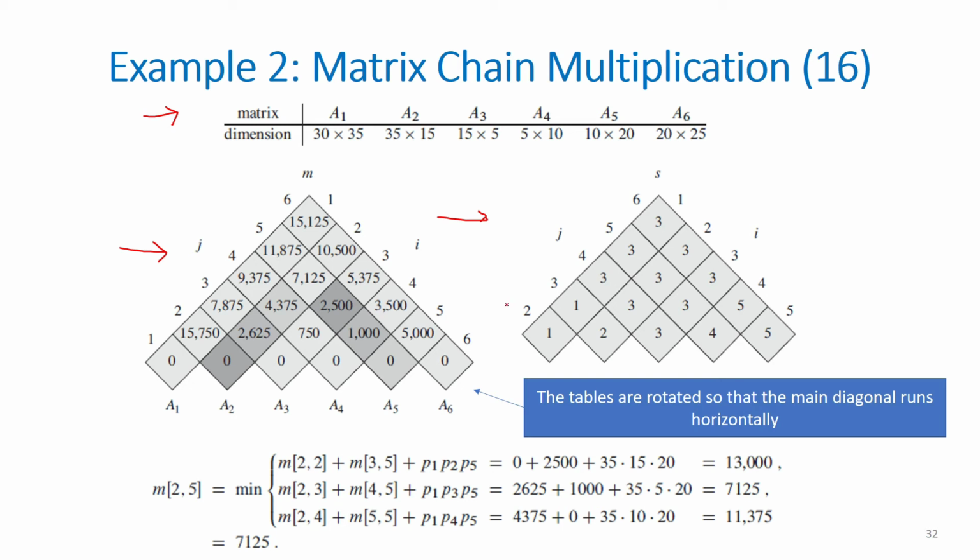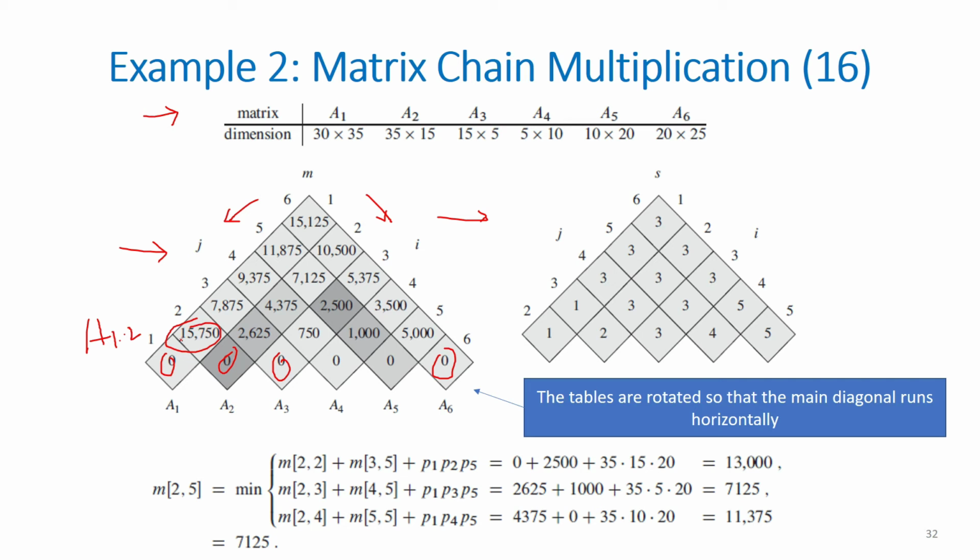In the m table, i and j take values from 1 to 6 as we see over here. So the cost for single matrices A1, A2, A3 up to A6 are all 0. The cost of multiplying the chain A1 to 2 is shown over here.